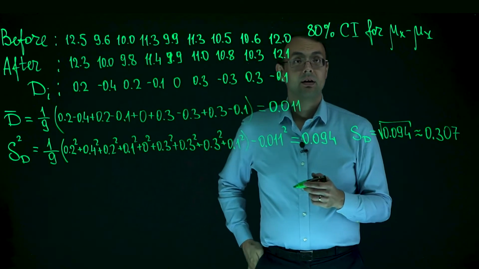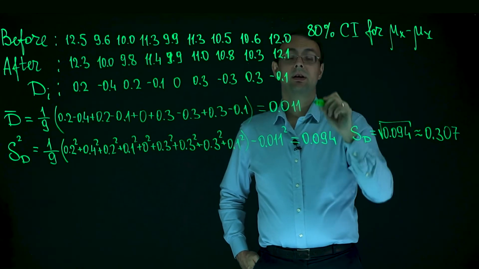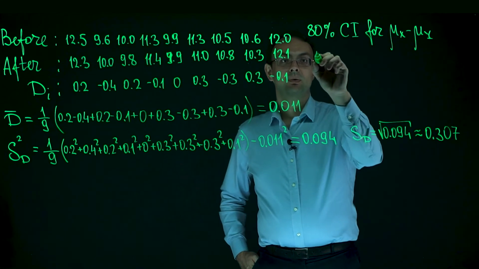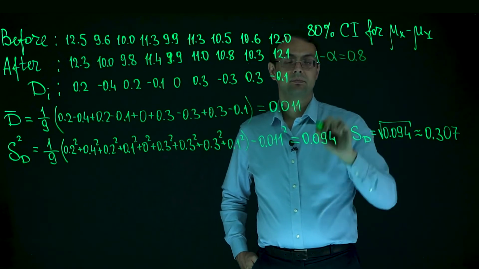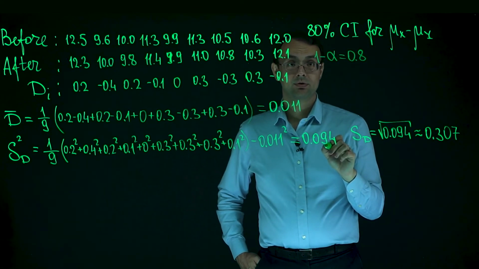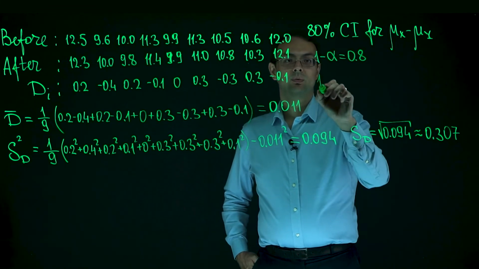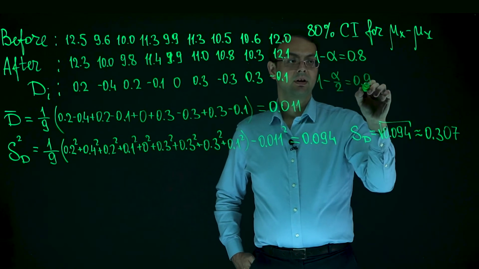As I'm asked to find the 80% confidence interval, that means that 1 minus alpha is 0.8, and this means that alpha is 0.2, alpha over 2 is 0.1, and 1 minus alpha over 2 is 0.9.